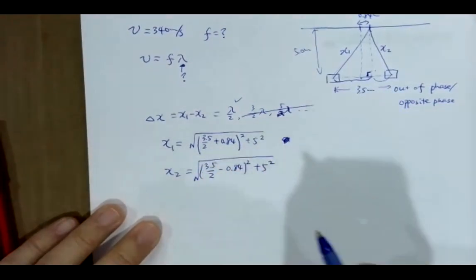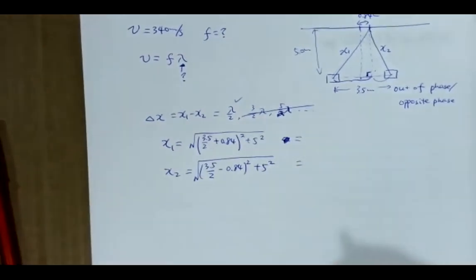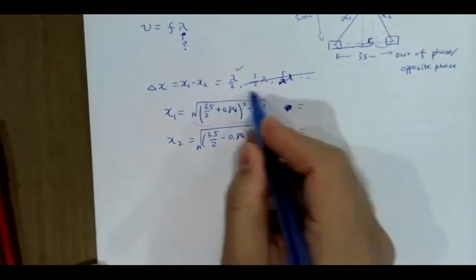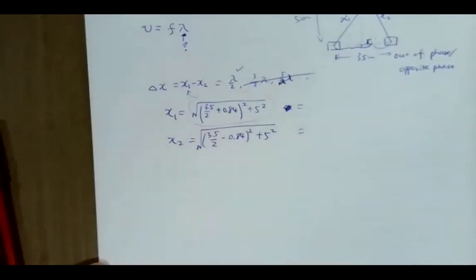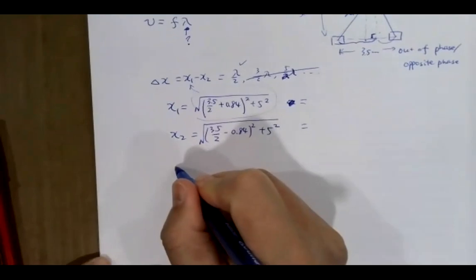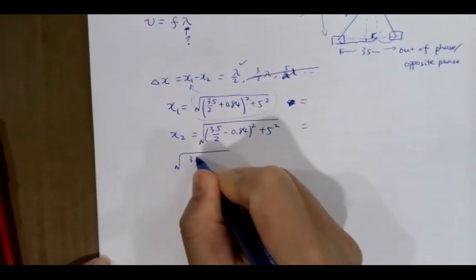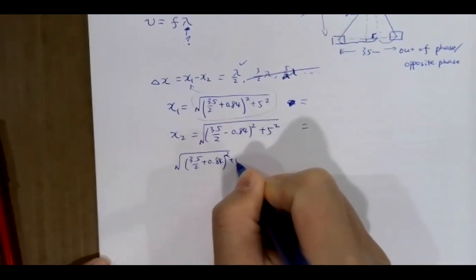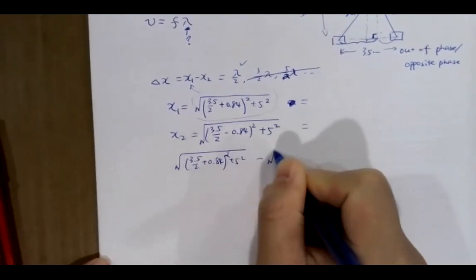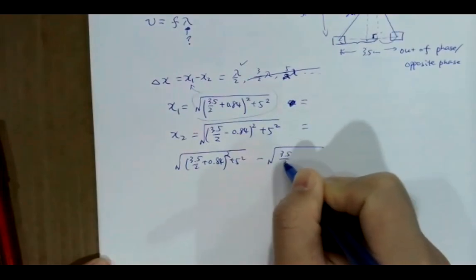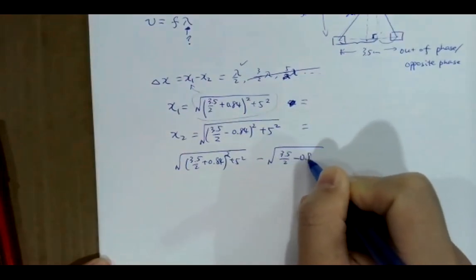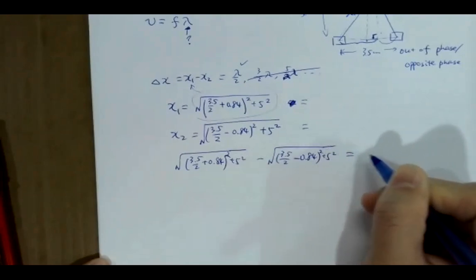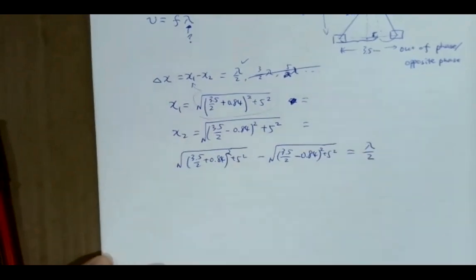You can calculate those, but what I did was replace this expression in place of x1. So I did the square root of (3.5 over 2 plus 0.84) squared plus 5 squared, minus the square root of (3.5 over 2 minus 0.84) squared plus 5 squared, equals my lambda over 2.